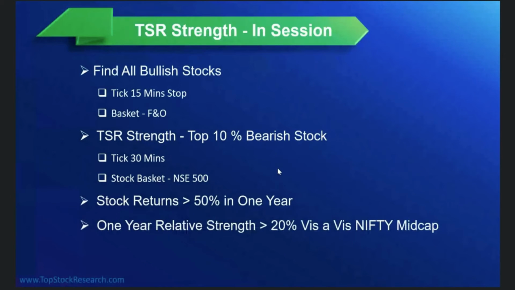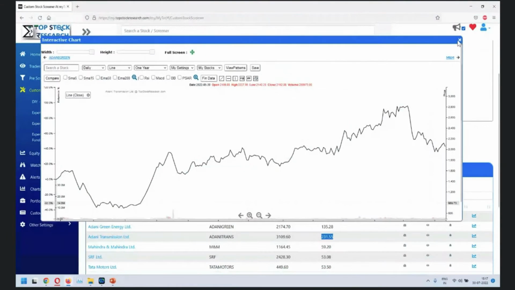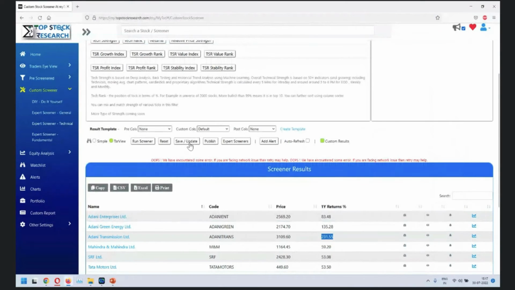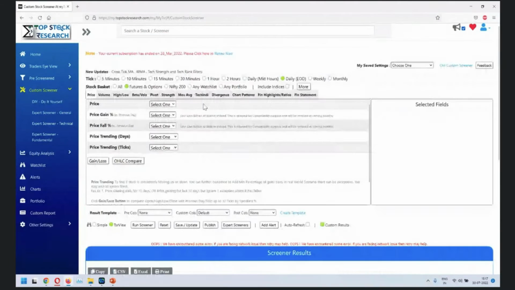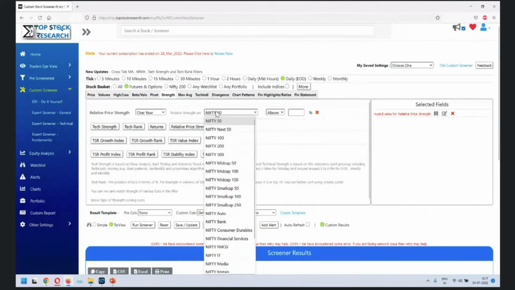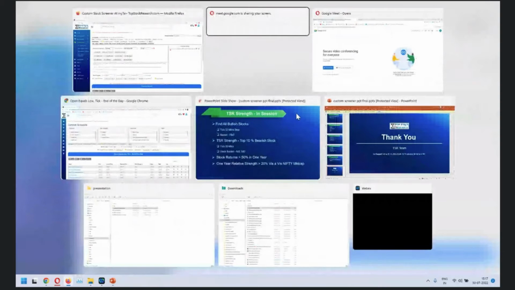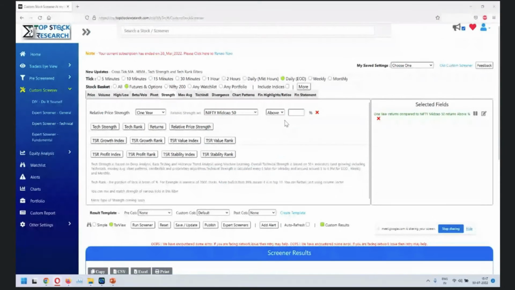Next here is 1 year relative strength vis-a-vis Nifty Midcap. So coming here, reset, strength, 1 year Nifty Midcap 50 greater than 20%.